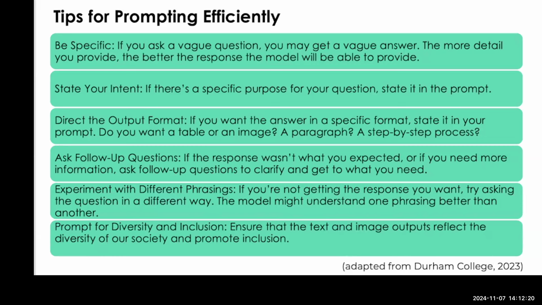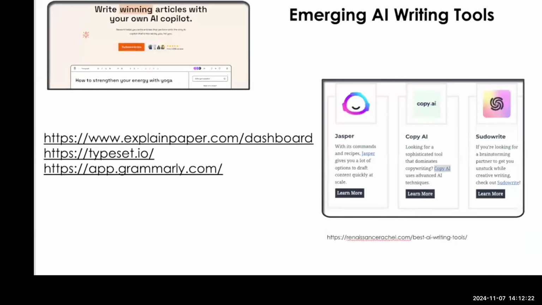There are a number of new tools emerging that persons are using. I don't know how you think about using the paper explainer, explainpaper.com, where you upload a paper and it explains it for you and gives you a summary.